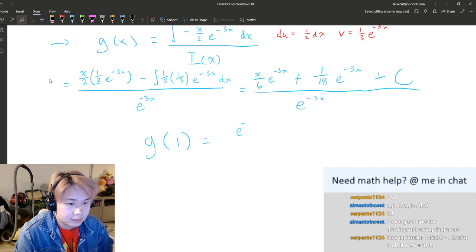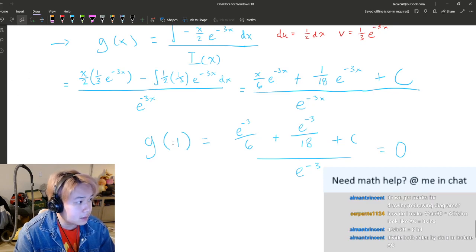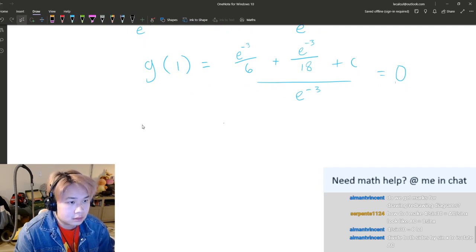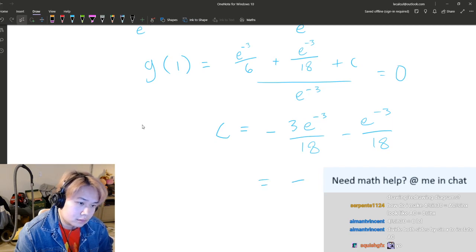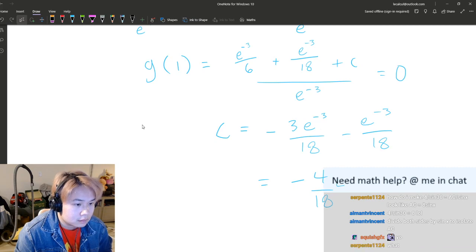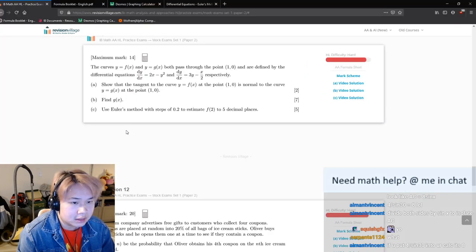So this is equal to 0, which means that c is negative 2 over 9e to the power of negative 3?